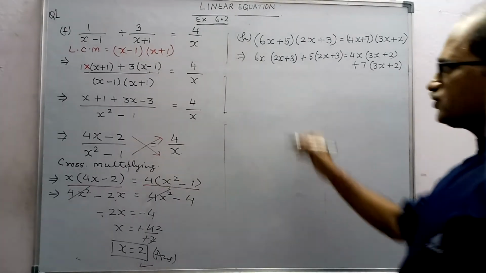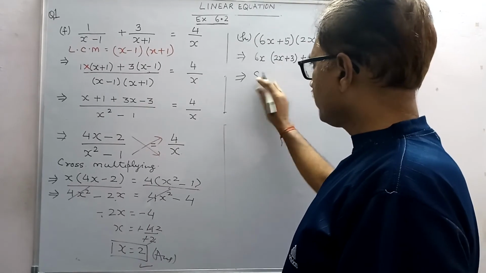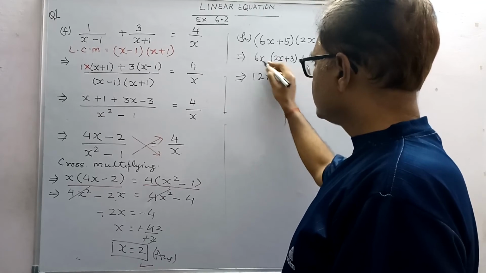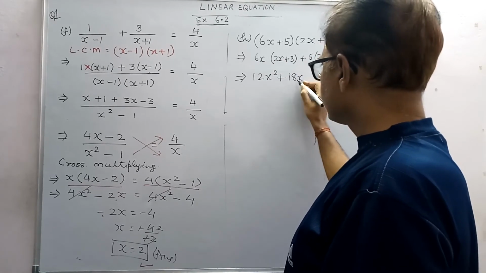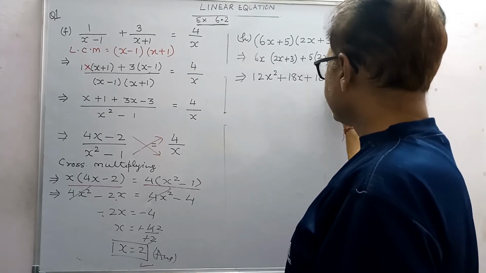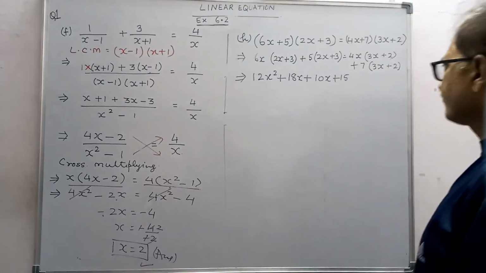Now we will simplify this. This gives you 6x into 2, 6 twos are 12, x into x will give you x square. 6x into 3, 6 threes are 18, 18x. 5 twos are 10, 10x. 5 threes are 15. All are positive signs, so there is no problem.